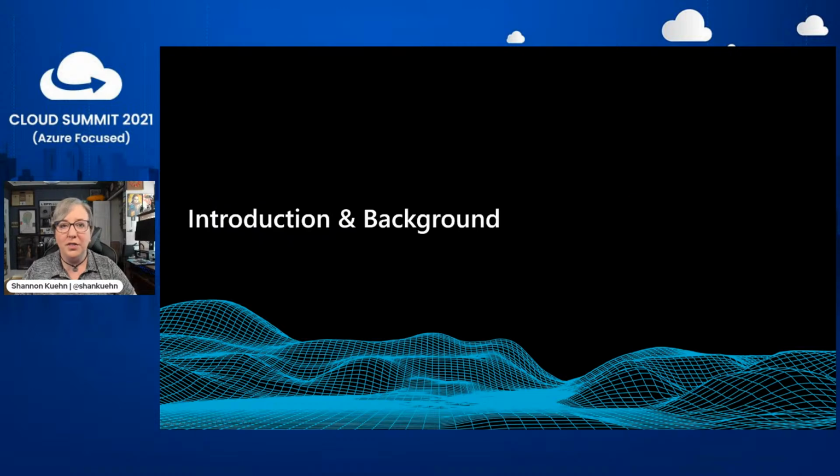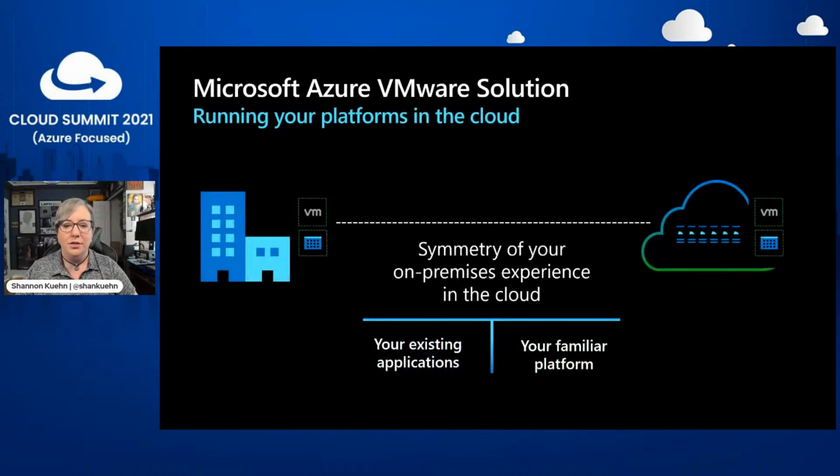So let's start with the introduction and the background of the service. I think that's going to make a lot of sense here as folks become more familiar with the solution. Azure VMware Solution delivers a comprehensive VMware environment as a service. This allows customers to run VMware native workloads exactly as they run on premises, except it's in Azure. So customers get a chance to capitalize on their existing VMware investments, skills, and tools.